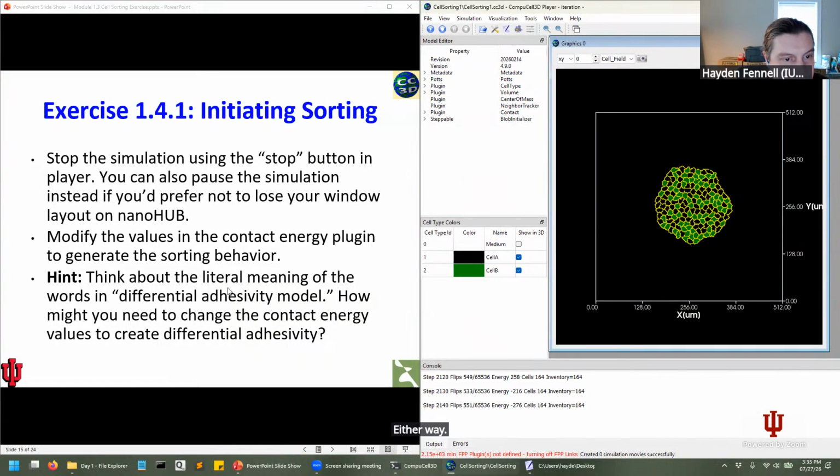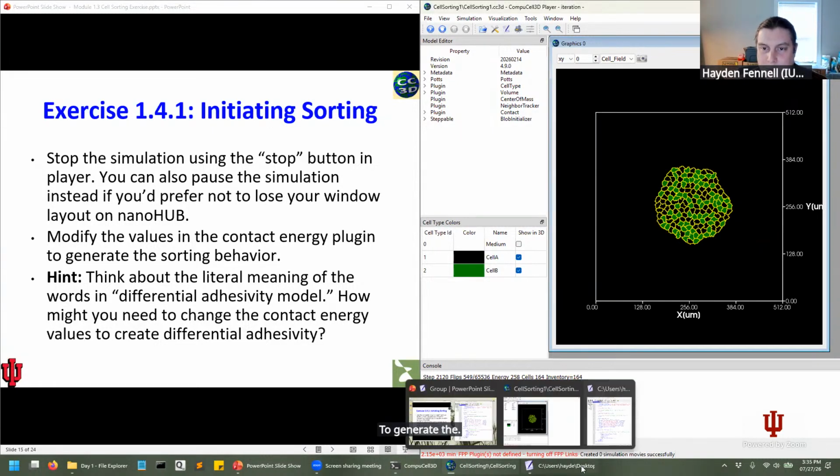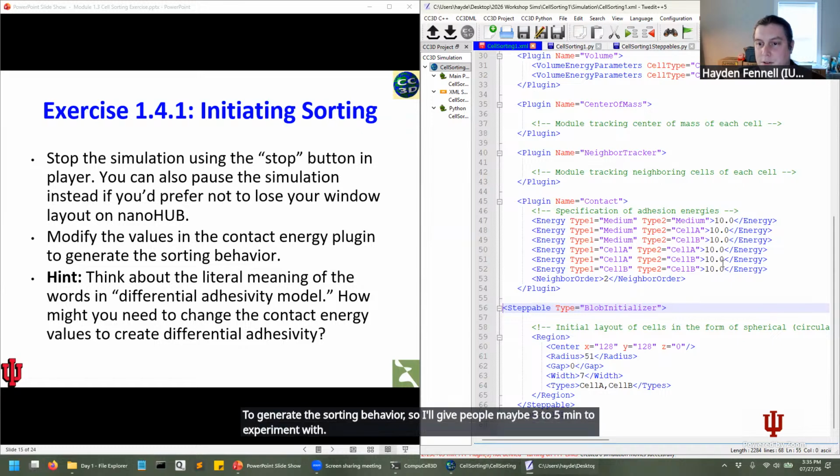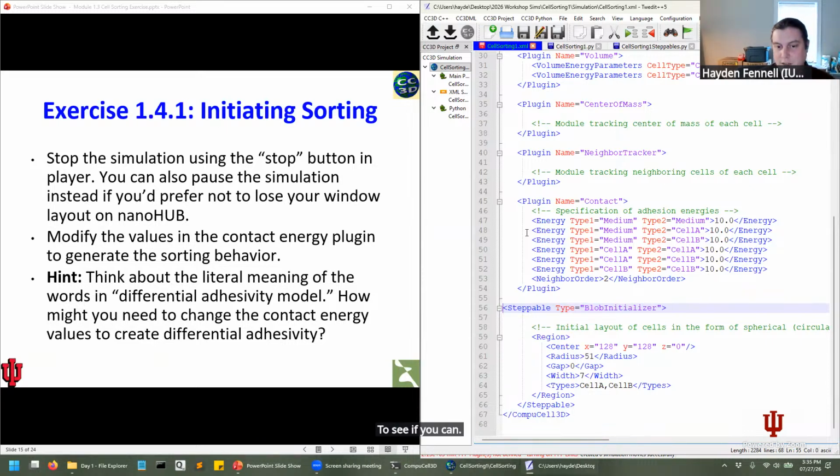And then let's modify the values in the contact energy plugin to generate the sorting behavior. I'll give people maybe 3 to 5 minutes to experiment with your starting values in your contact plugin to see if you can create a differential adhesion situation.